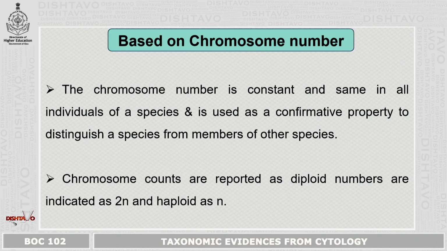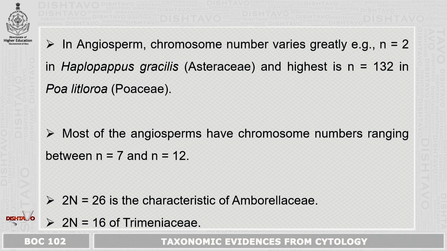Now, based on chromosome number, students, we will see what evidences are there. The chromosome number is constant and the same in all individuals of a species, and it is used as a confirmative property to distinguish one species from other species. Chromosome counts are reported as diploid, that is 2n, and haploid as n.